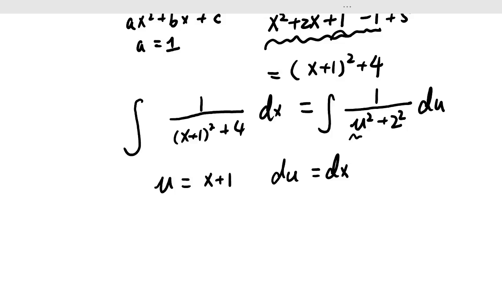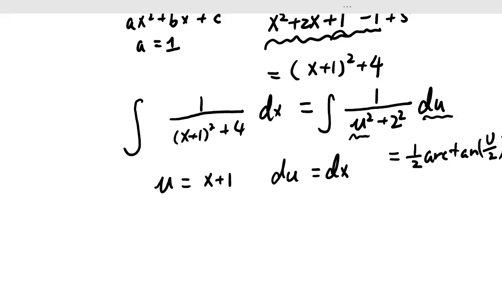Now you can see very clearly that the formula we had before is x squared dx, and now I have u squared du. Now we can apply the formula right away. That's going to be 1/2 arctangent of u over 2 plus c.